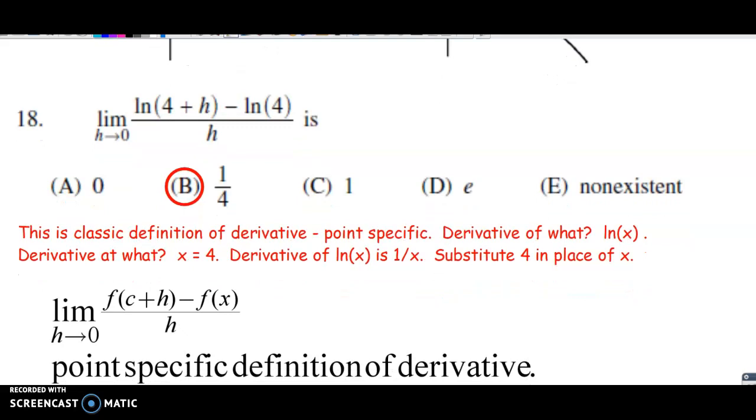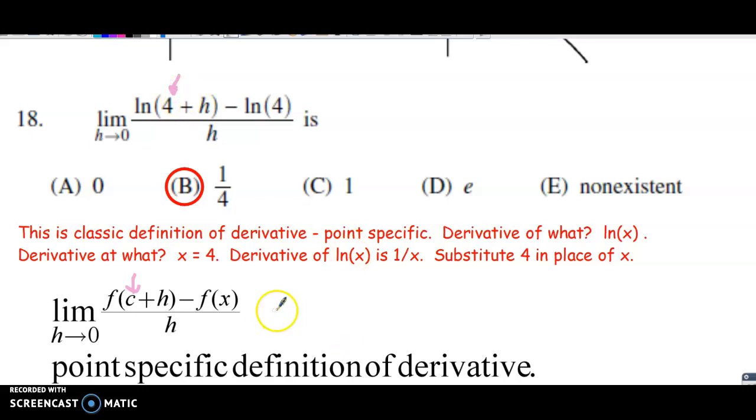It is the point-specific definition of derivative. And here, if you look down here, you can see, no pun intended, one format of the point-specific definition of derivative. So the c value in this case is 4, so it's point-specific. Derivative of what?